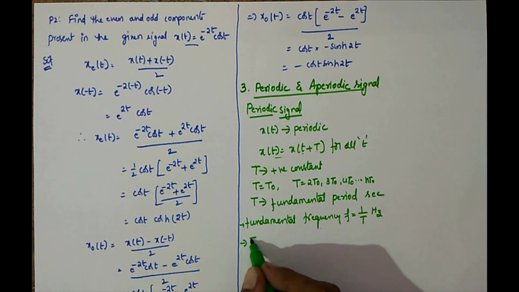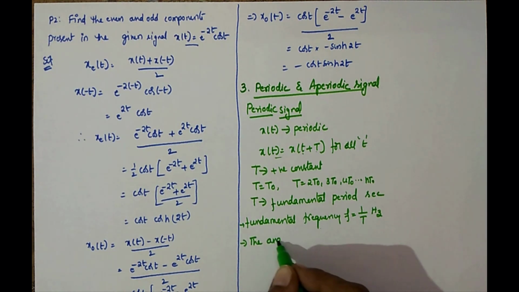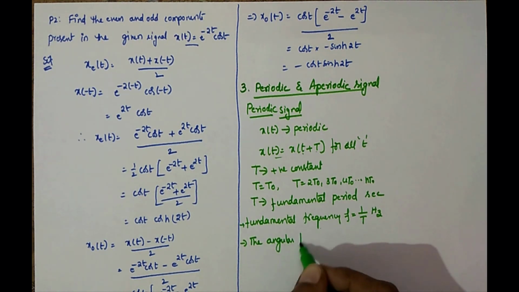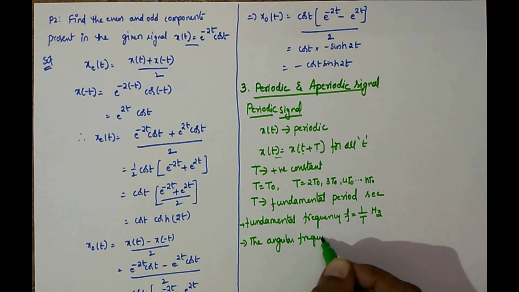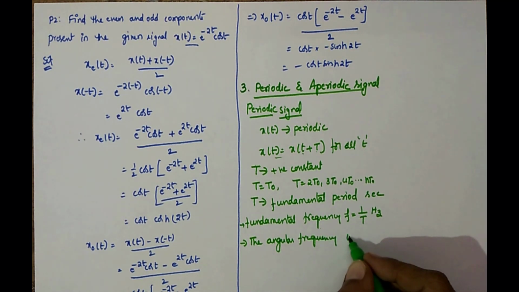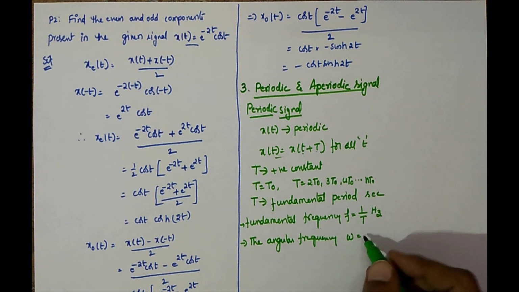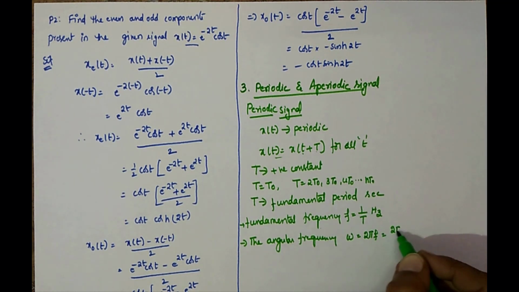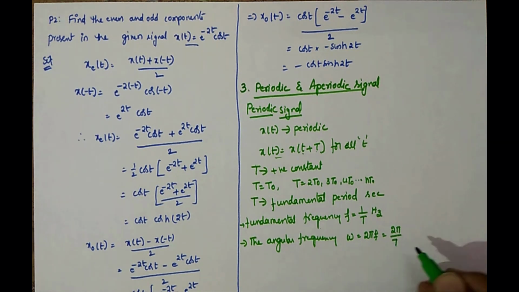And the angular frequency omega, you can write as 2 pi f, which is nothing but 2 pi by T. What are the units? Radians per second.